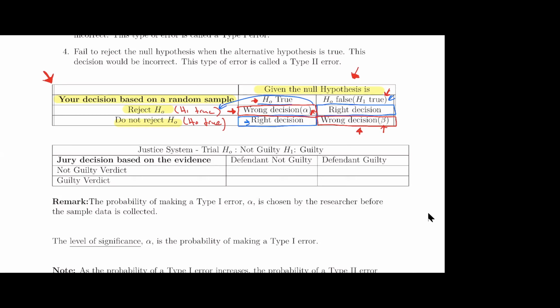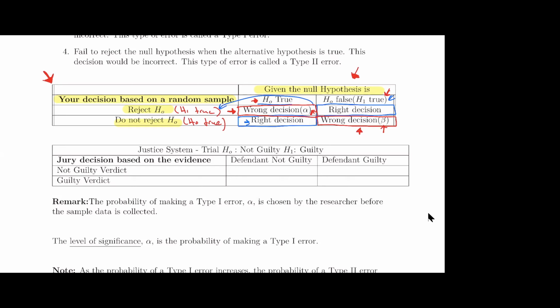Any questions in regard to that? All right, sweet. So let's practice on this next problem. For this problem, we're going to use a justice system. For the justice system, we'll say H0 is not guilty and H1 is guilty.